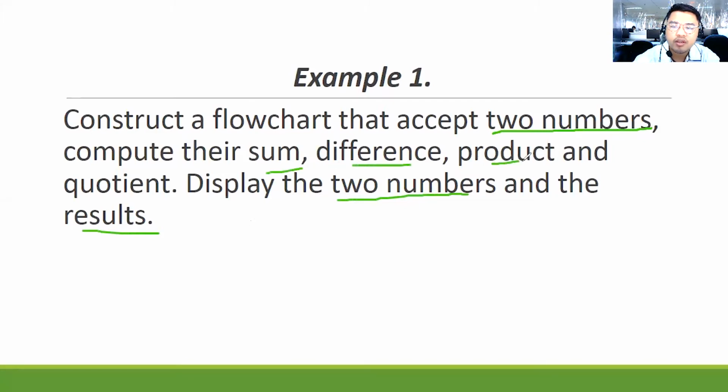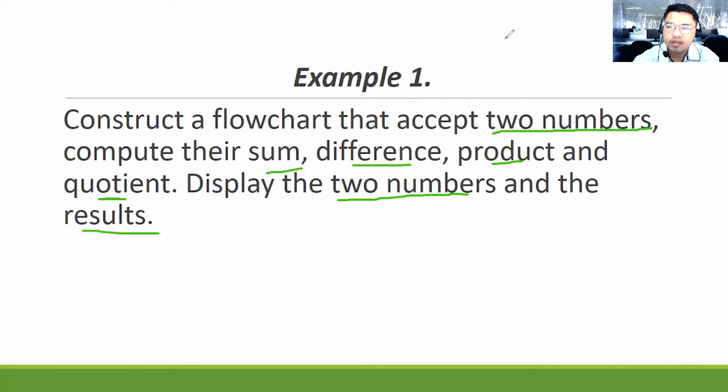So these are the output. And the process is how to get the sum, difference, product, and quotient. We get the sum using addition, the difference using subtraction, the product using multiplication, and the quotient using division.